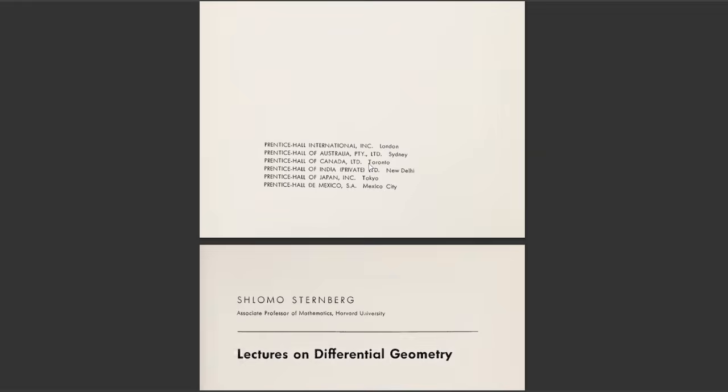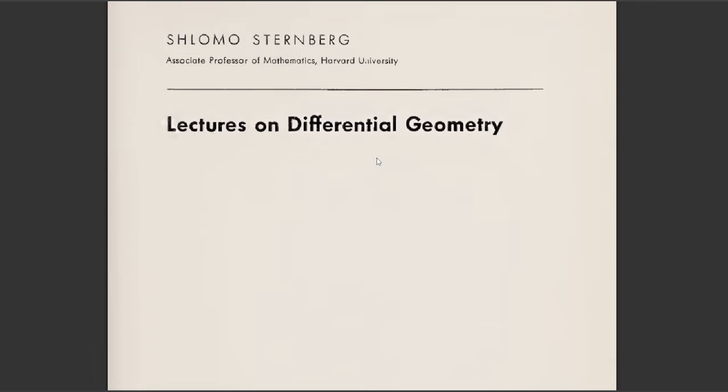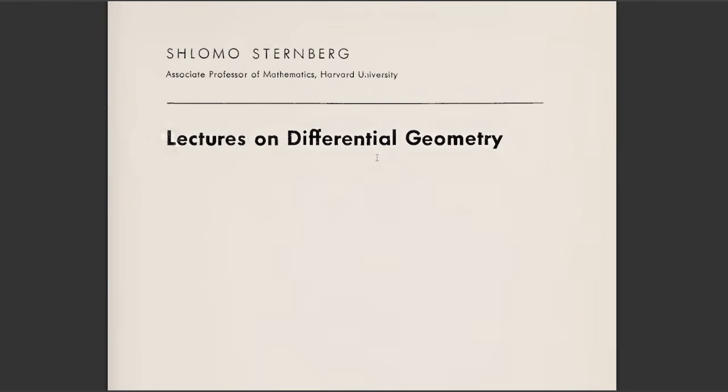Sternberg's idea is to consistently privilege invariant structures over coordinates. And this book will re-educate the reader to think directly in the language of derivations, forms, flows, and connections. And that's part of the reason why the way that it's developed is important for theoretical physics and modern math itself.